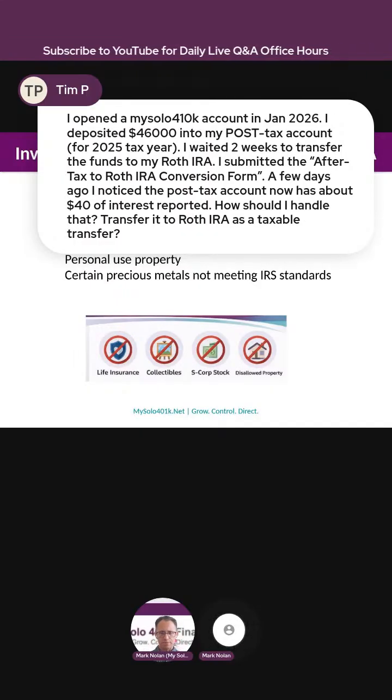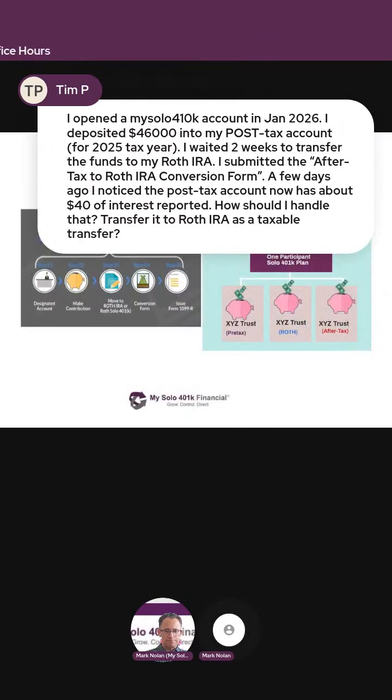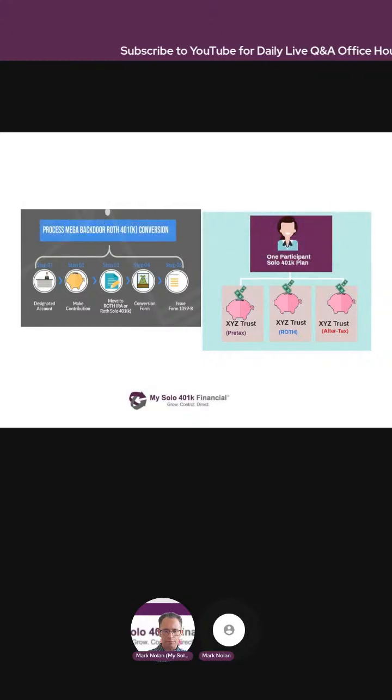Good question. Let me pull up some slides here. So here's an example of a one participant solo 401k plan that would be sponsored by your self-employed business. Let's say your self-employed business is an S corporation. So the S corporation sponsors the solo 401k plan, meaning that it's by virtue of your self-employed business that you can open a solo 401k plan.